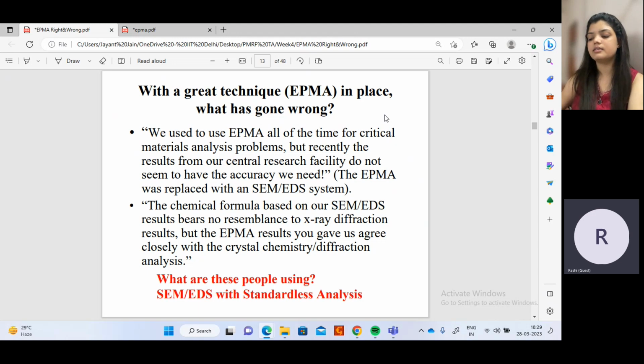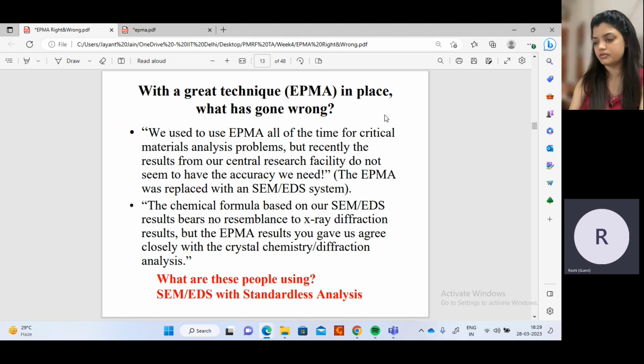But in the case of SEM, we don't have any standards. So it will give the qualitative analysis, like what elements are present and how much percent of each element is present. That's it. But in the case of WDS, EPMA, it will tell, according to standards, how much percent is present. That is the reason why this confusion is present.